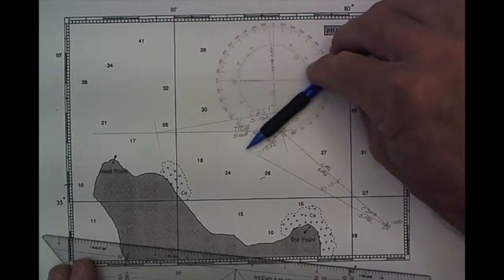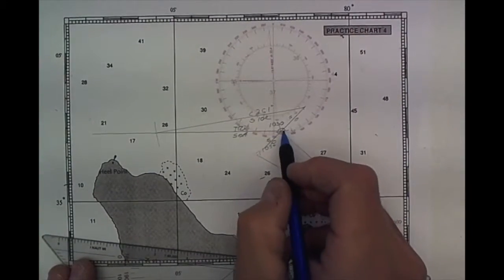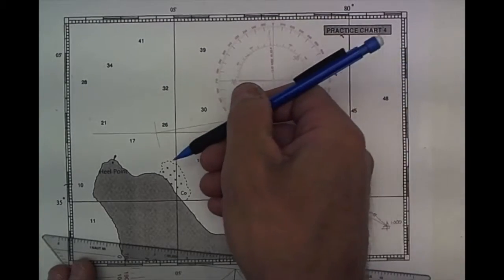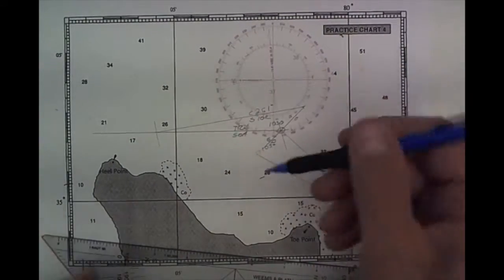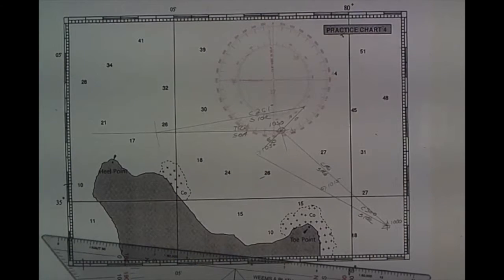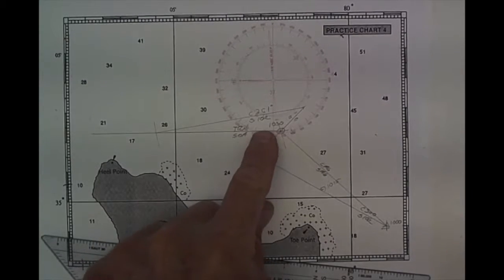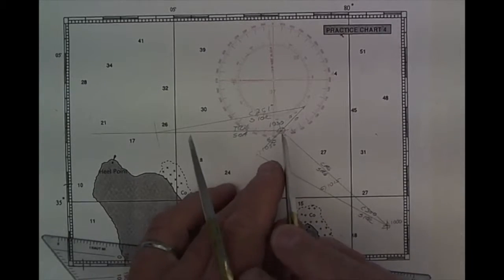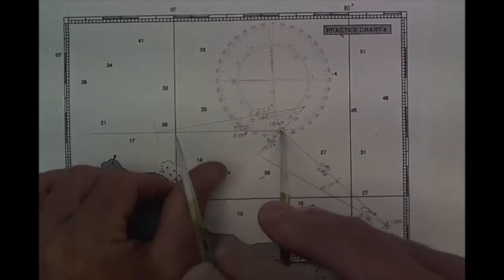By steering to the left, the ship will stay on this track line and proceed along despite the fact that there's a set and drift in this direction. The last thing we need to figure out is our speed of advance. We know we're going to make a track of 270 degrees, but how fast will we go along this track line?